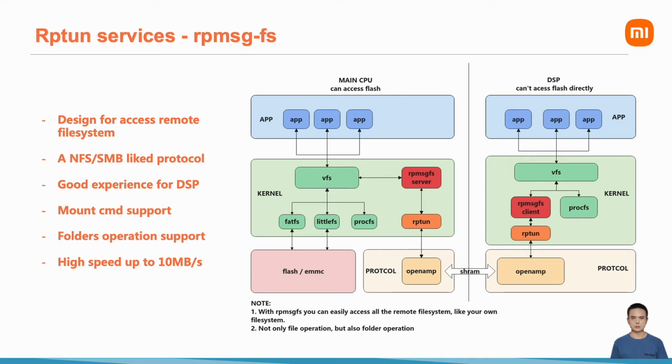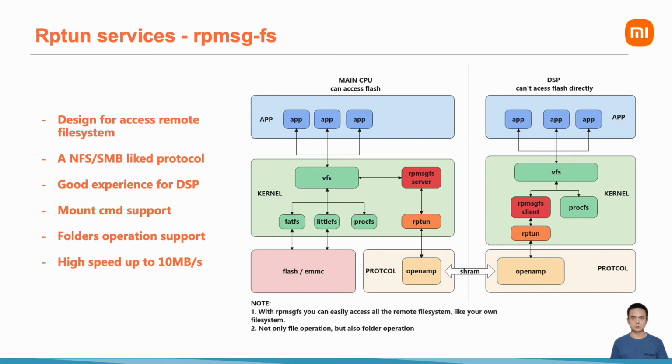Firstly, we create a new file system type called rpmsg-fs below the VFS layer. Second, we create an OpenAMP endpoint connecting the main CPU and DSP. Third, we use the mount command to mount the rpmsg-fs from the remote.